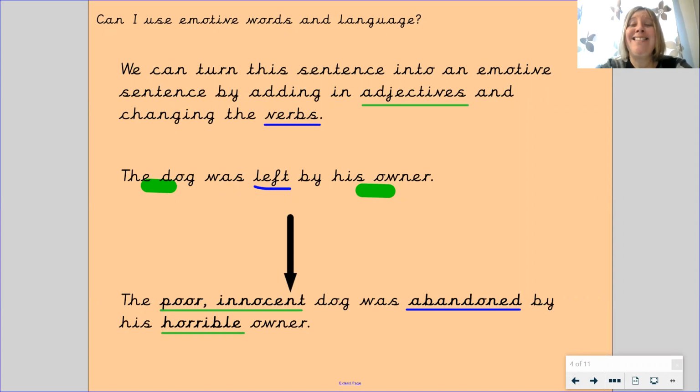And he was abandoned, which means that he was left all by himself. I also feel sad for him because he has a horrible owner. How did you get on with your sentence? Does it create an emotive response in the person who is reading your writing?